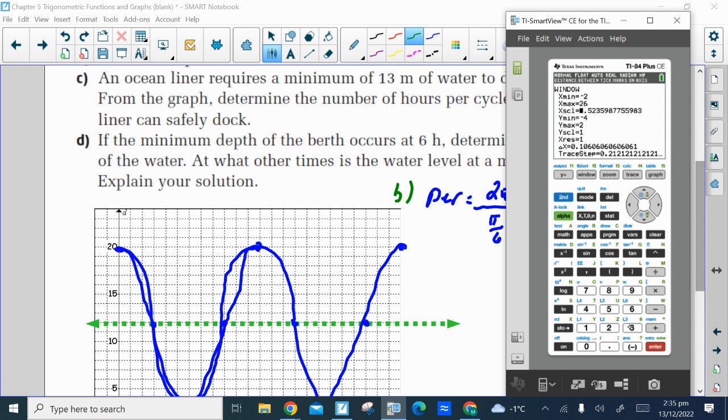I'll put my scale at, let's say, 3. For my y values, I'm going to go from +2 up to +22, and let's use a scale of 2 on the y-axis. So now when we hit graph, we should see the graph, which we do.